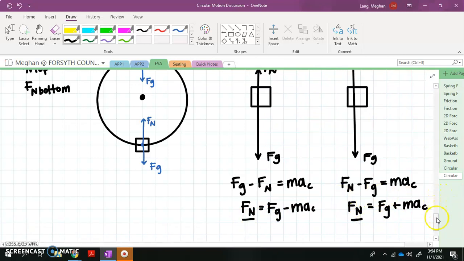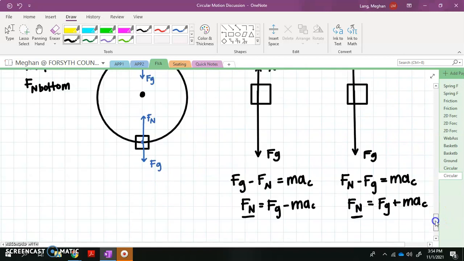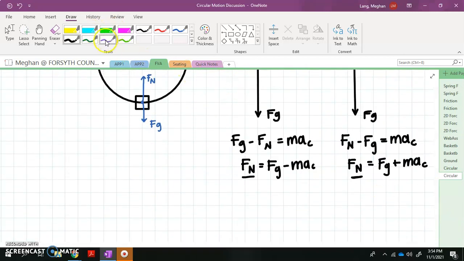And also notice that here, I can't just simplify my centripetal force and say that it's my force of gravity, or simplify my centripetal force and say it's the normal force, because it is the net force causing the centripetal acceleration. So really, this force of gravity minus my normal force would be my net force or my centripetal force. My net force is my centripetal force.